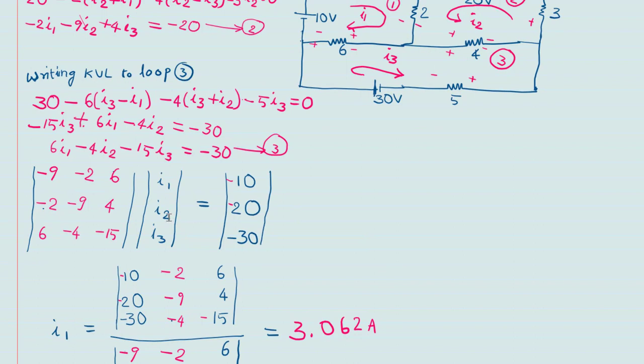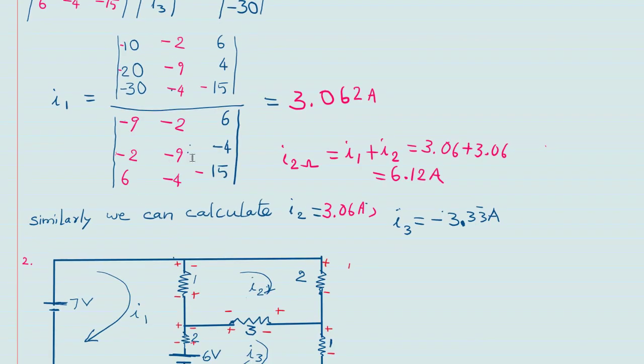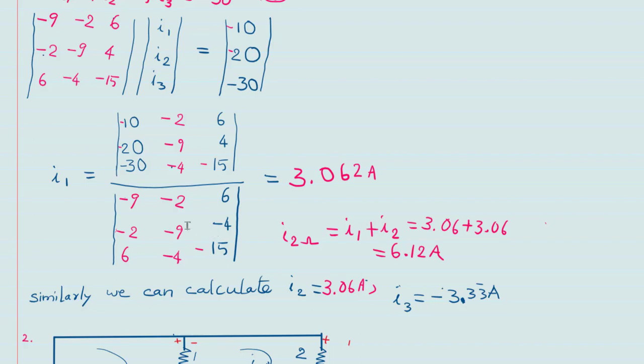Next, similarly, we can calculate I2. How to calculate I2? I2 is equal to, we replace this second column with the right hand side matrix, that is minus 9, minus 10, 6, minus 2, minus 20, minus 30, 6, 4, minus 15, divided by the same matrix as we have done earlier.